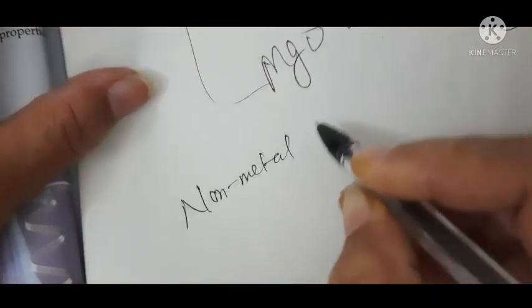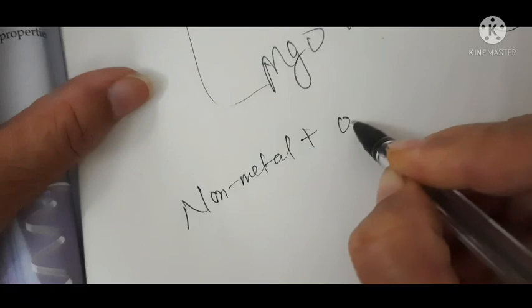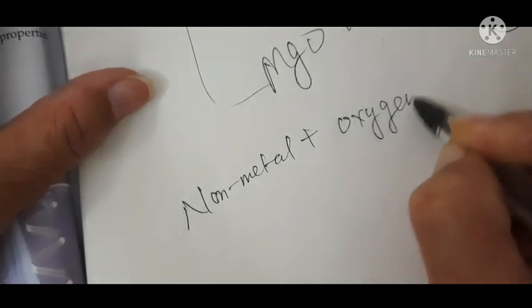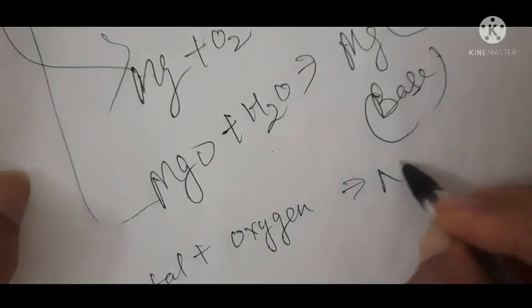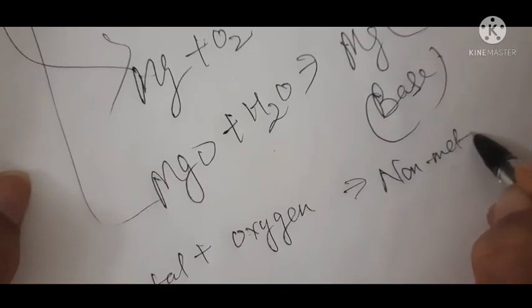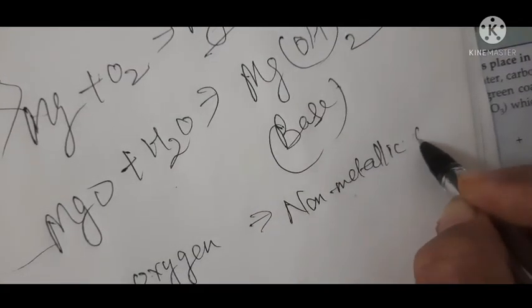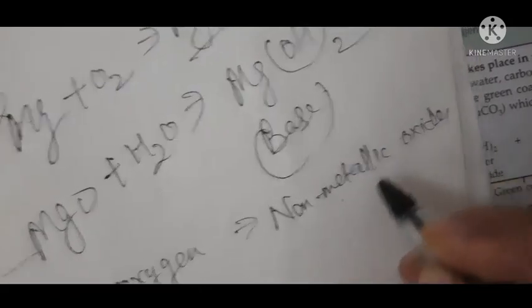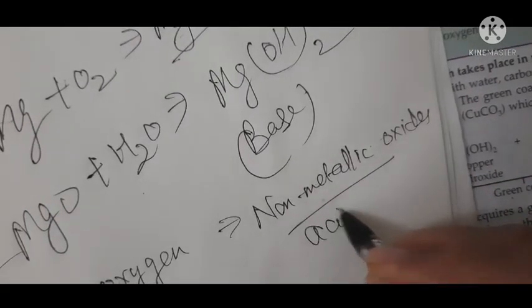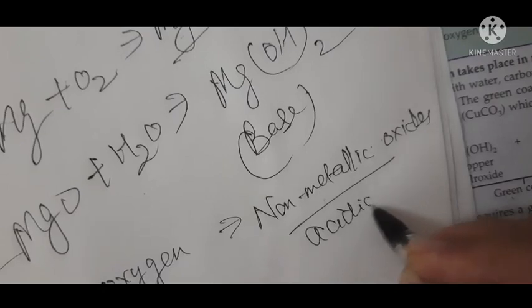See here, non-metal plus oxygen gives non-metallic oxides. These non-metallic oxides are acidic oxides.